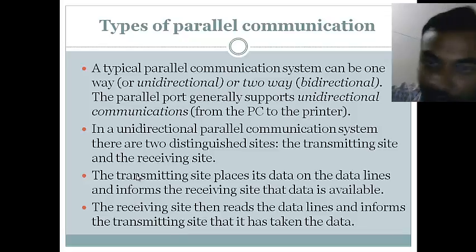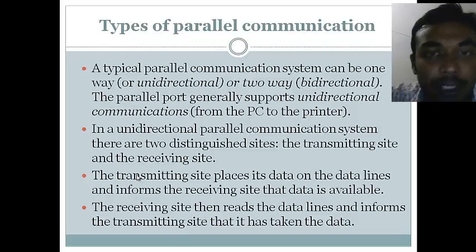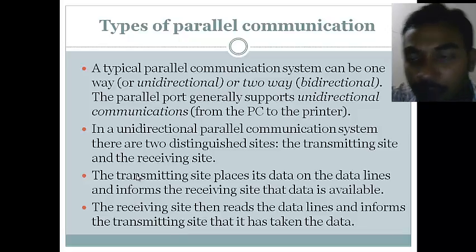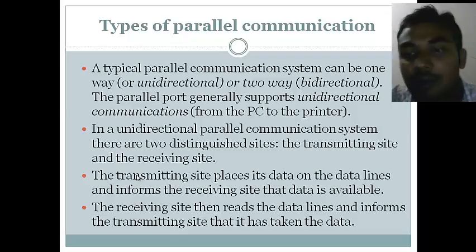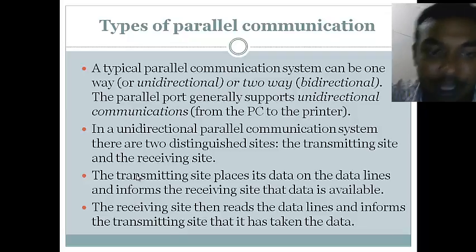For bidirectional, consider a DAC system which takes data from the system and sends data to the system, and after the calculation the system sends the data back. That is bidirectional.